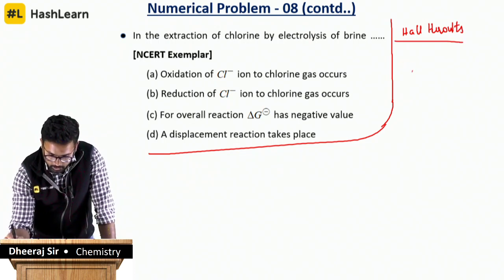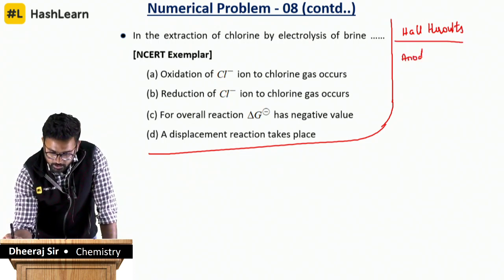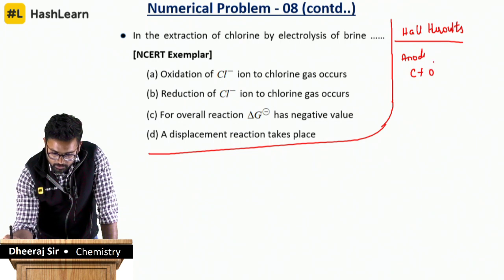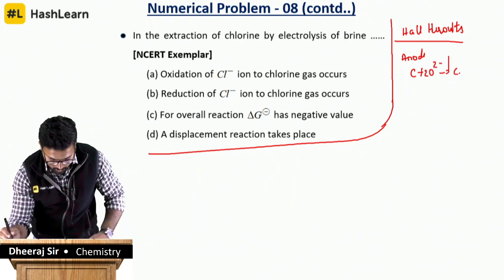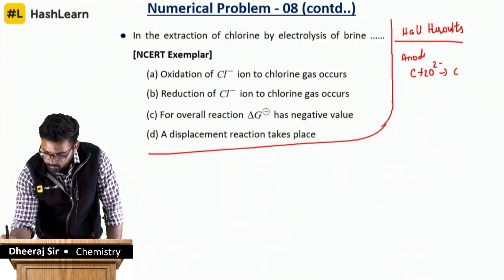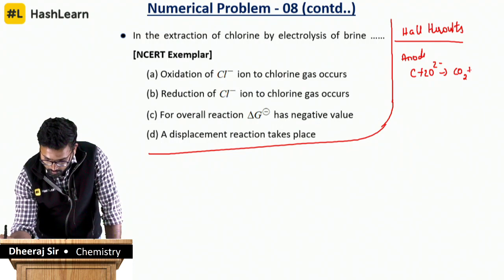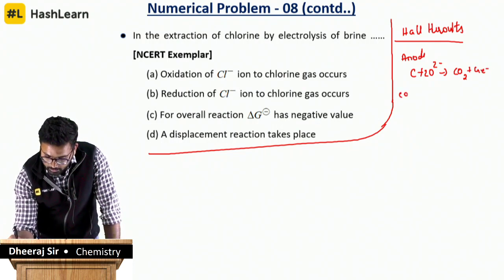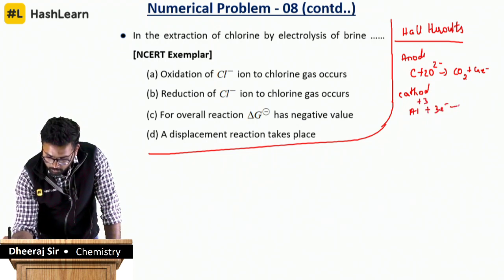You will have at anode, you will have oxidation happening. So carbon is oxidized to carbon dioxide along with liberation of 4 electrons. At cathode, you will have Al3 plus undergoing reduction to form Al.